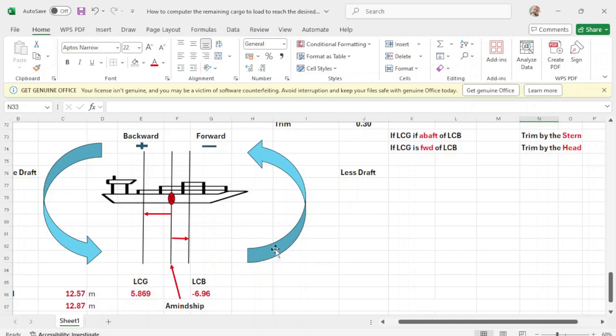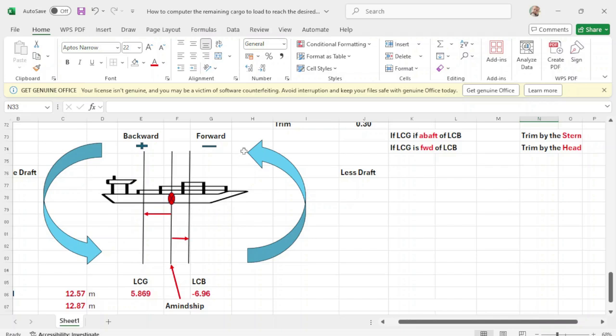That's why you have a counterclockwise direction here, because the weight of the cargo, the gravity pull, pushes it down. So you have a counterclockwise. It's like a seesaw.